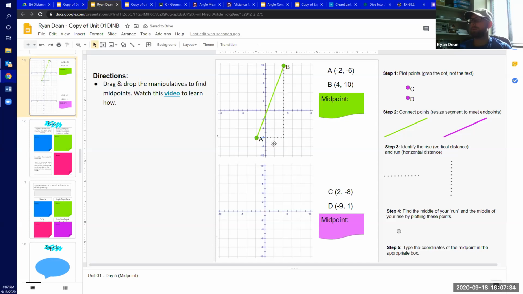So what this allows you to do is calculate how far apart A and B are. This is kind of like using the number line. How far is A from B in the x direction? And how far is A from B in the y direction?